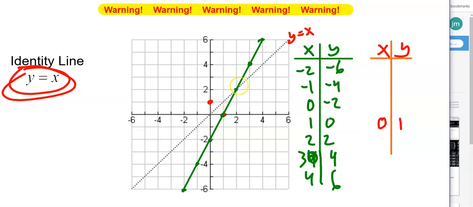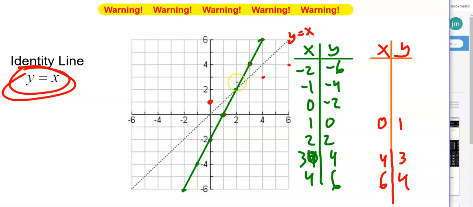If you take the point (3, 4) and reflect it over, now it's at (4, 3). The point (4, 6) is now going to be, going diagonally across that line, (6, 4).